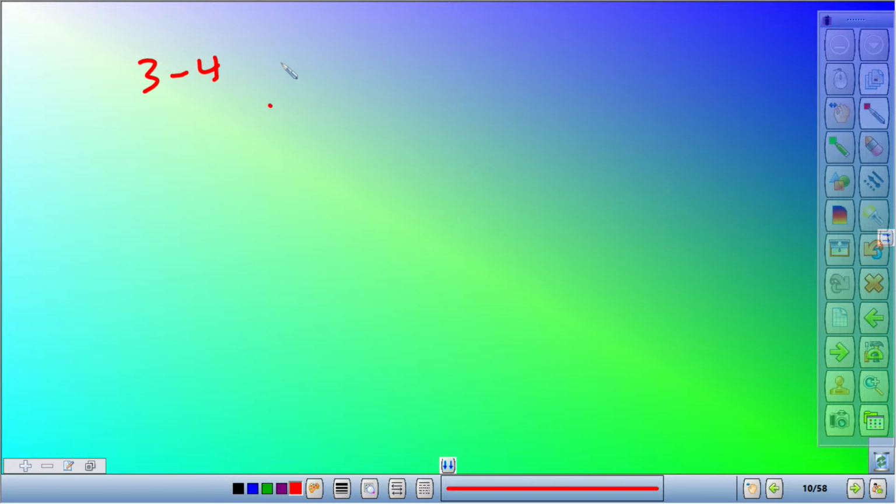Basically, here we are dividing. You're going to divide polynomials. There's two types of division we've talked about.